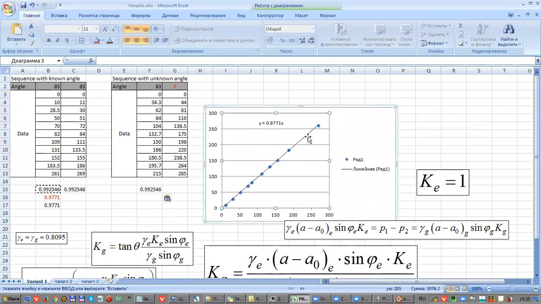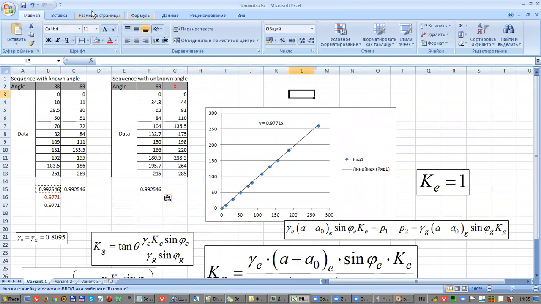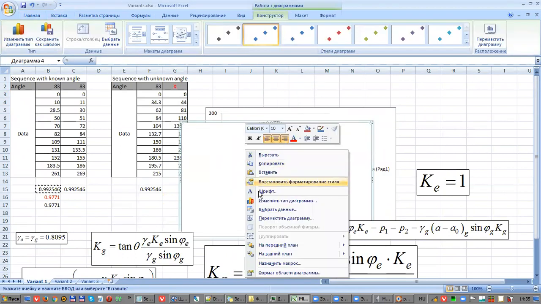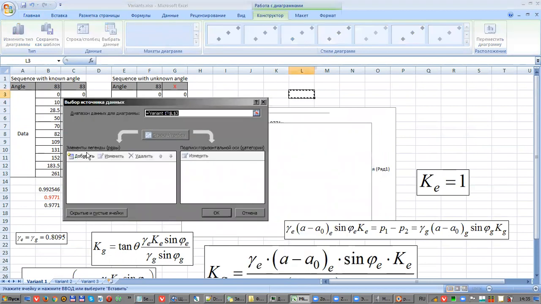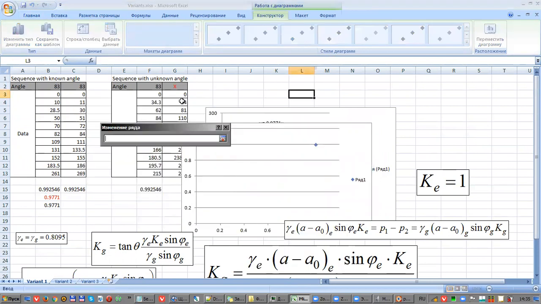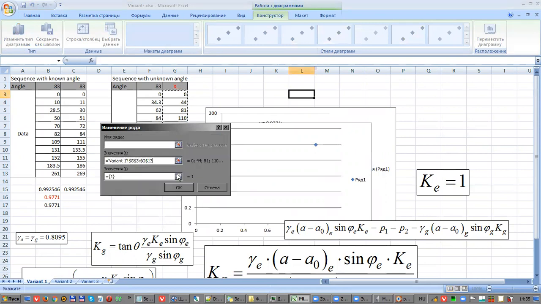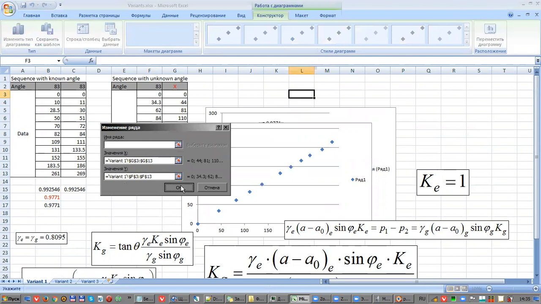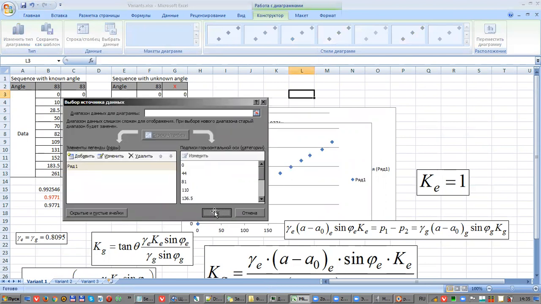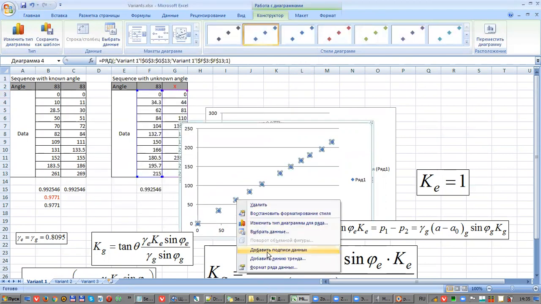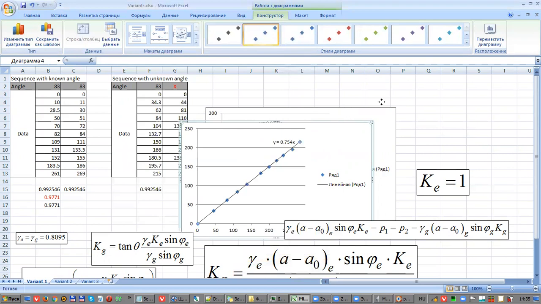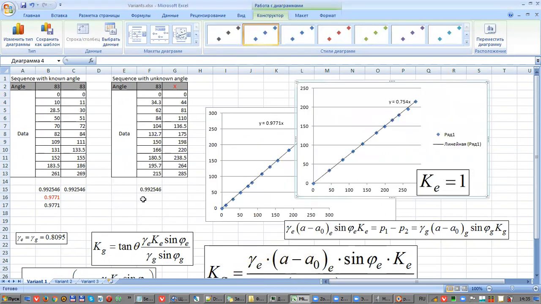I can do additional diagrams. For X, I put these columns, and for Y, I put these columns. So I have data of A to B lines. So and have the second coefficient.